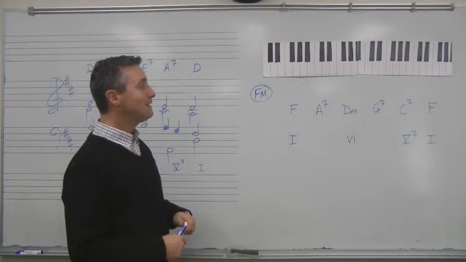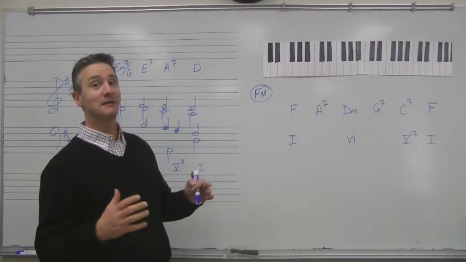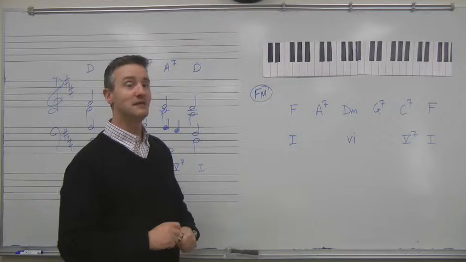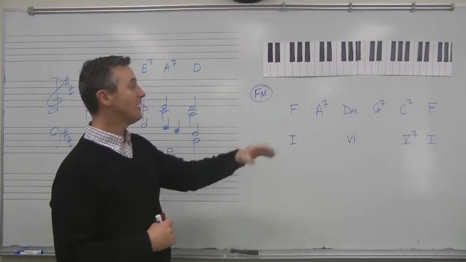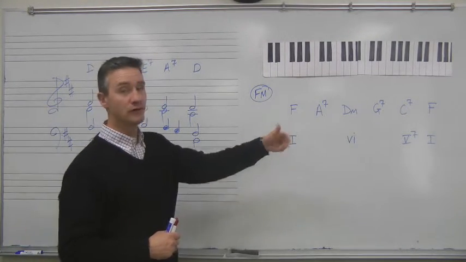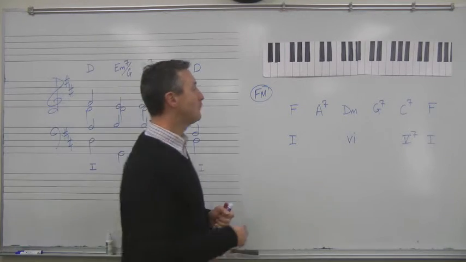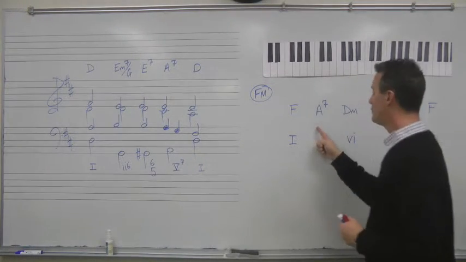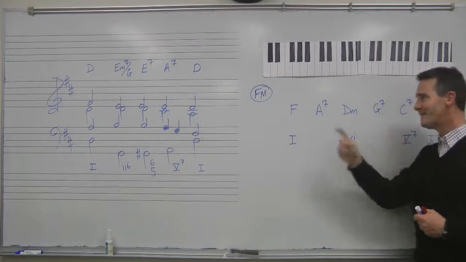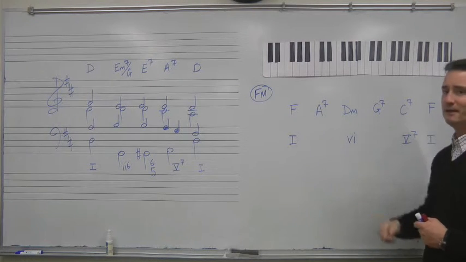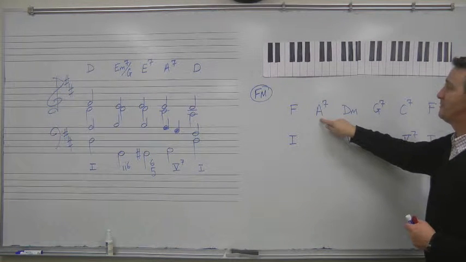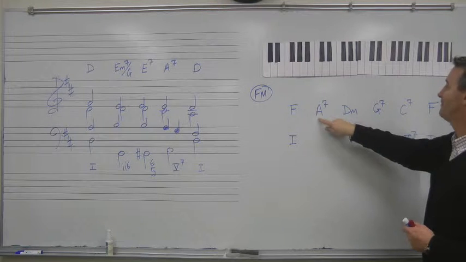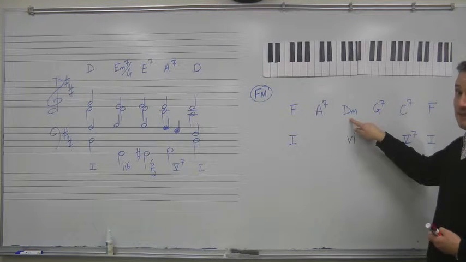However, one key element to being able to tell if these are secondary dominants is seeing how they work in context with the keys around, with the chords around them. So, for example, we might look at this one, A7, and we would say to ourselves, this A7 doesn't fit in this key, but is there a possible relationship between A7 and, say, D minor?